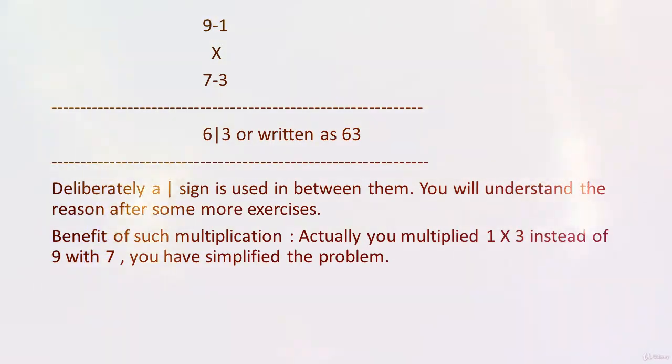So your actual problem of 9 multiplied by 7 has reduced into the multiplication of 1 multiplied by 3. Because the left hand side portion of your answer was obtained by addition and not by multiplication. So the multiplication part, that is multiplication of 9 with 7, is reduced into the multiplication of 1 and 3.